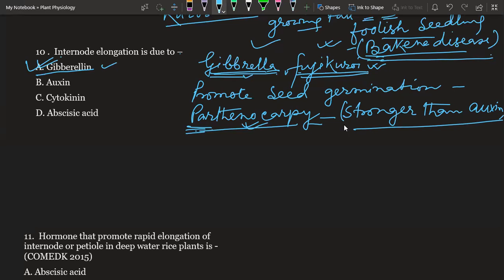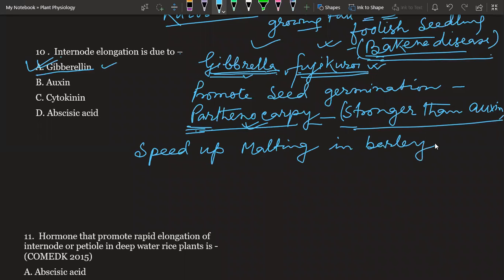This is useful in malting. It speeds up malting in barley. It helps in germination, actually breaking the seed dormancy.